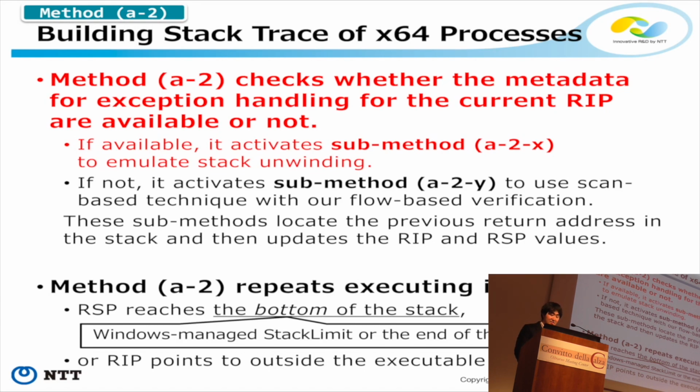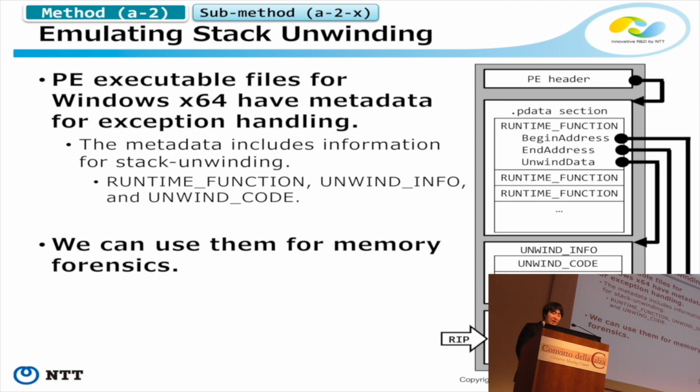Now then, I'll introduce the detail of this part. This sub-method emulates stack unwinding in the exception handling mechanism. PE executable files for Windows x64 have metadata for exception handling. The metadata includes information for stack unwinding too. We can use it in memory forensics to build stack traces.